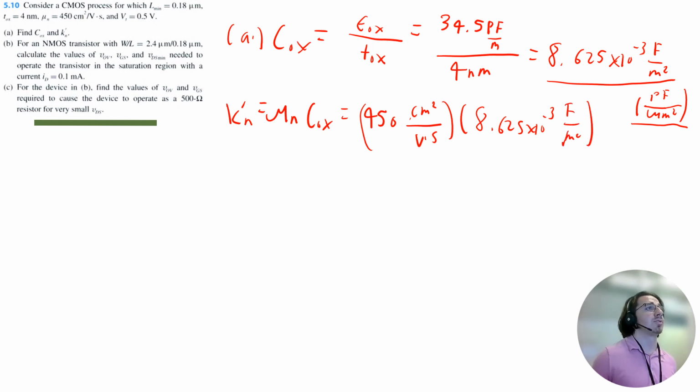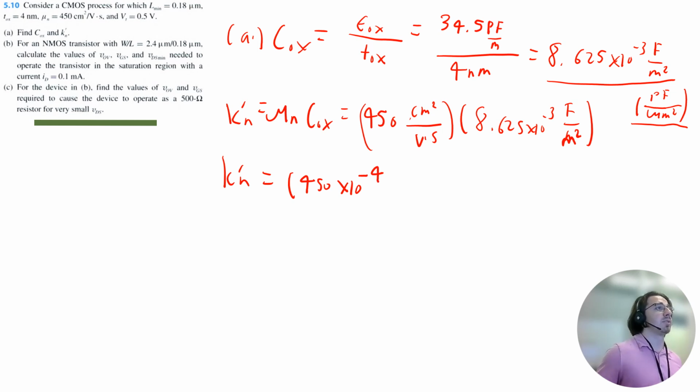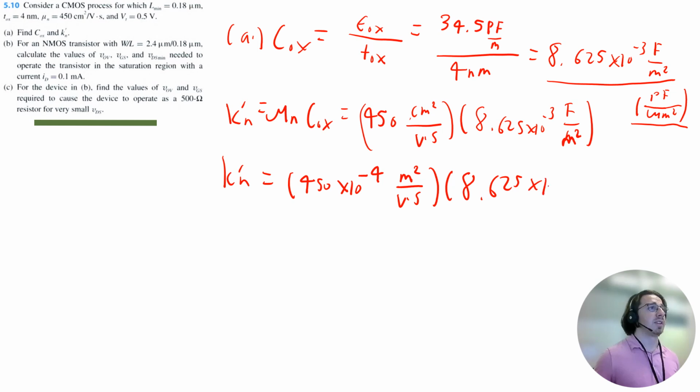In order to make sure that my units are correct, I'm going to convert everything to meters squared. Notice how it's centimeters squared, so I have to actually do 2 powers. So we're going to do 450 times 10 to the negative 4 meters squared per volt second, multiplied by 8.625 times 10 to the negative 3 farad per meter squared.